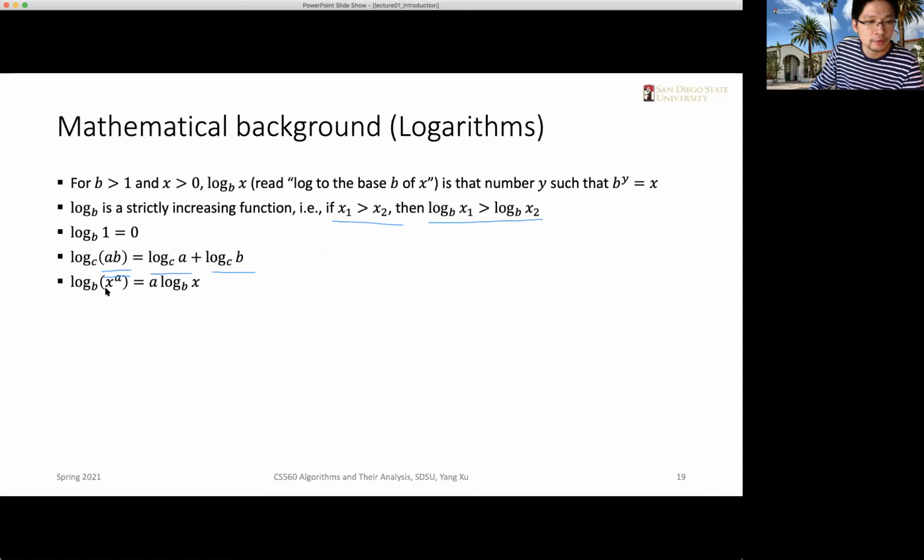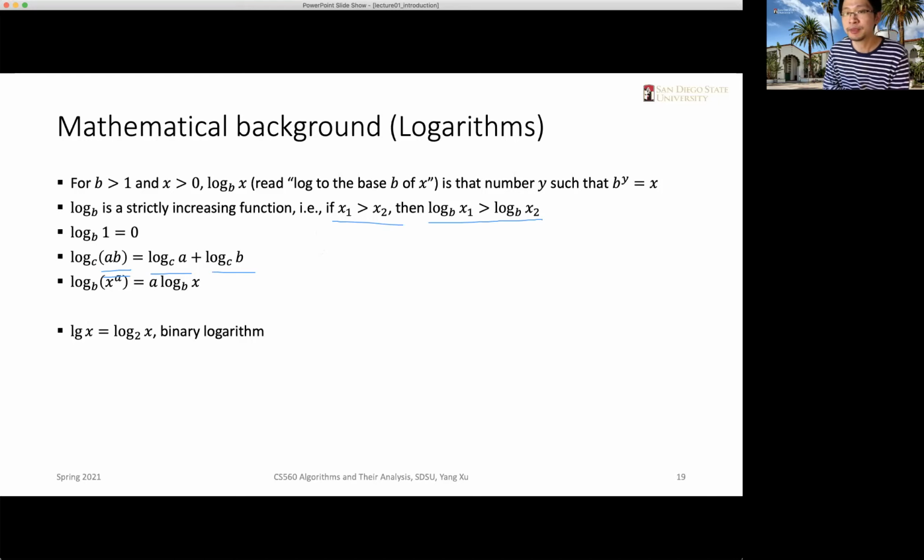And for the logarithm of an exponential function, we can move the exponent outside the logarithm function, so it becomes a times the logarithm base b of x. In the special case where the base is 2, we can use the shorter term lg.